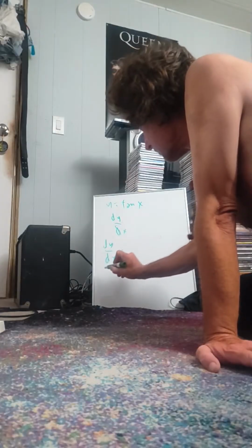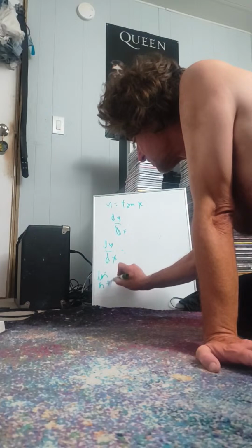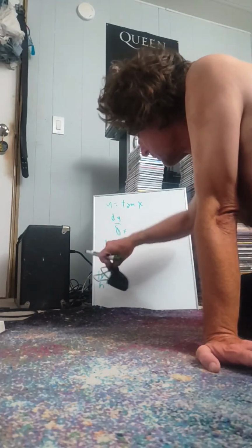We go dy/dx equals the limit as h approaches 0 of tangent of x plus h minus tangent of x, all over h. I can barely read my writing.